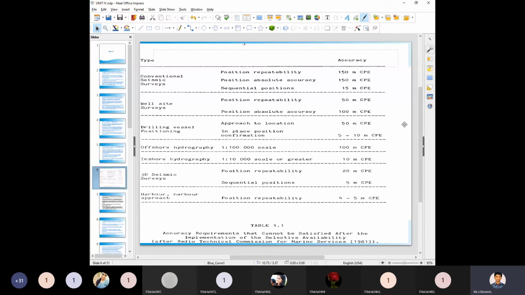All these accuracy requirements cannot be satisfied after the implementation of selective availability. They could be satisfied before implementing selective availability, but not after.